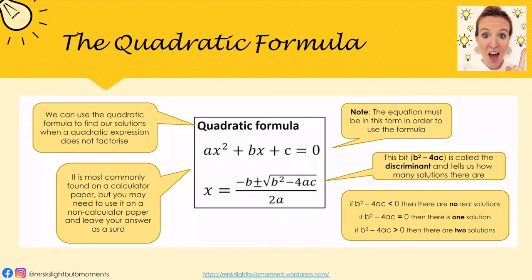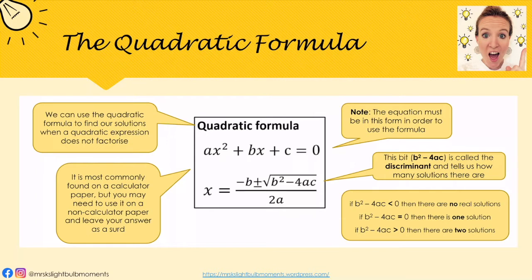And if the b squared minus 4ac is greater than 0, so basically any positive number, then there are two solutions. And that's going to be most of the examples you'll find. You end up having two solutions for your x value. All right, again, don't worry too much about that bit.